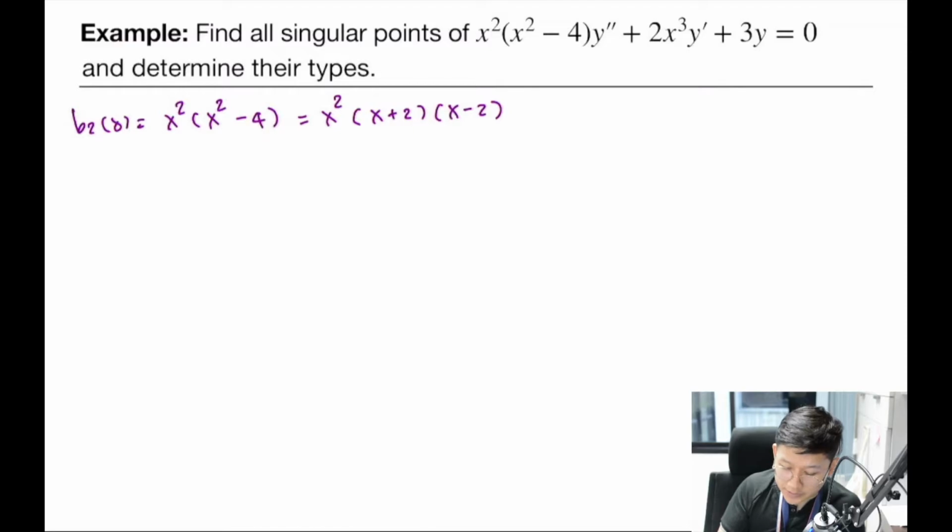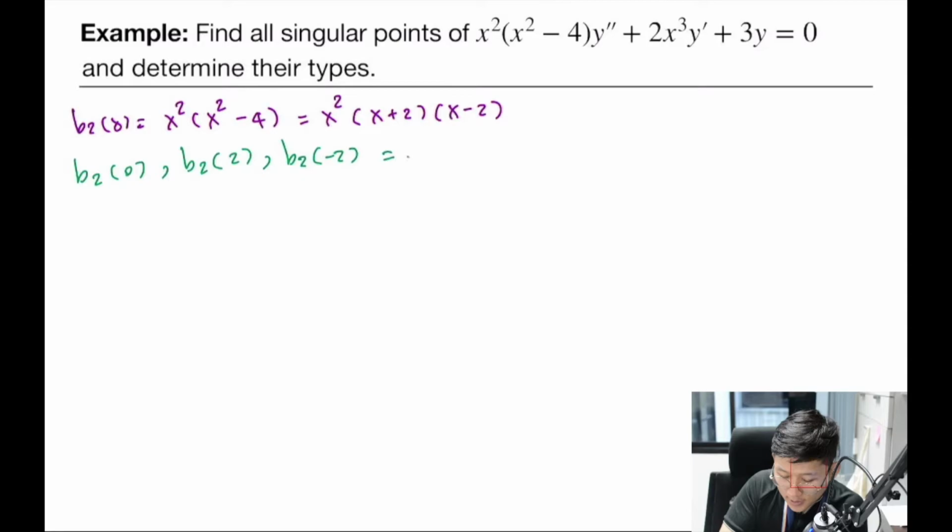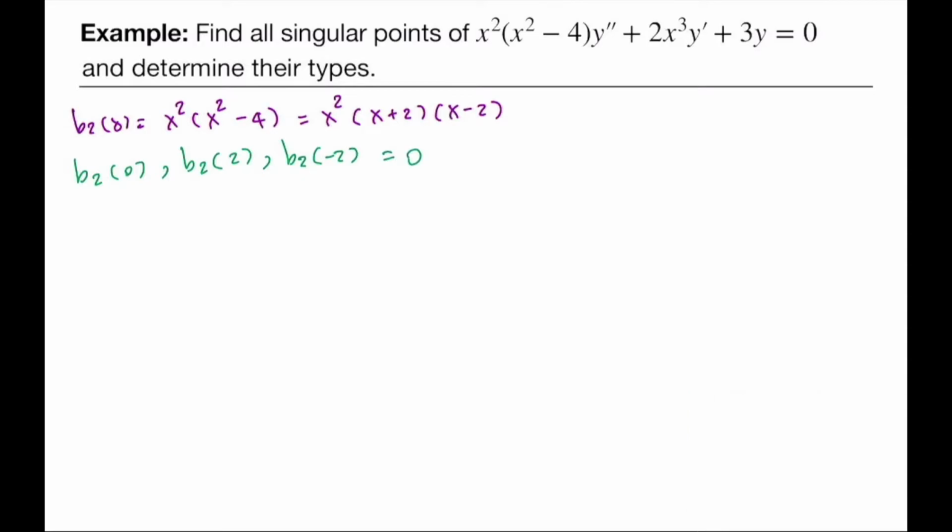Which means that b2(0), b2(2), and b2(minus 2) are 0.